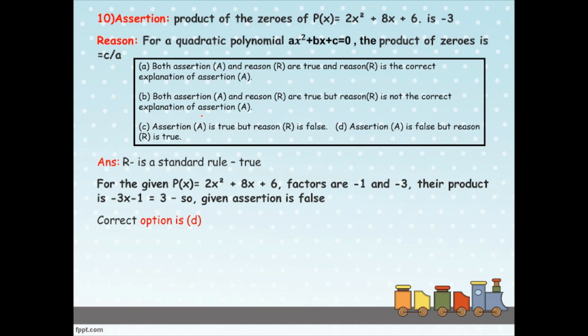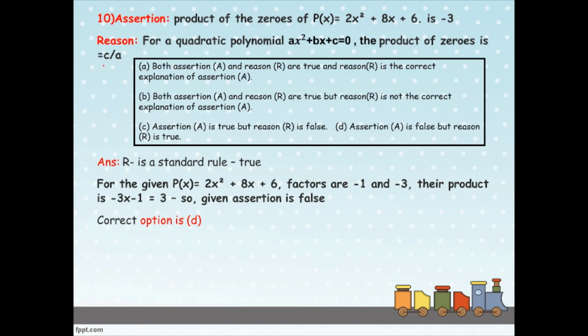Assertion: the product of the zeros of the equation 2x squared plus 8x plus 6 is minus 3. Then the reason is: for a quadratic polynomial ax square plus bx plus c equal to 0, the product of zeros is c by a. Of course, from the quadratic general term, the sum of zeros is minus b by a, and the product of zeros is c by a.